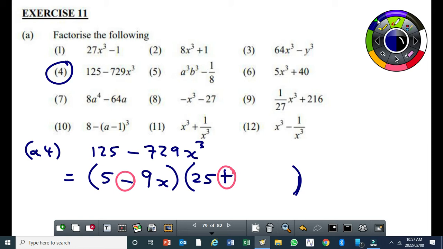It will be 5 times 9x, which is 45x. Then the last term is always positive. It's equal to the last term of the binomial squared, so 9x squared, and you get a positive 81x squared.